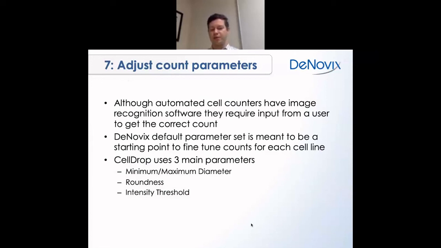We'll get into a little bit more detail about exactly what that means, but that's kind of a score of how good of a cell an object is. And intensity thresholds. So that's for live dead counts. How dark does something need to be stained to be counted as a trypan cell, or how brightly does it need to be stained to get counted as a fluorescent cell?